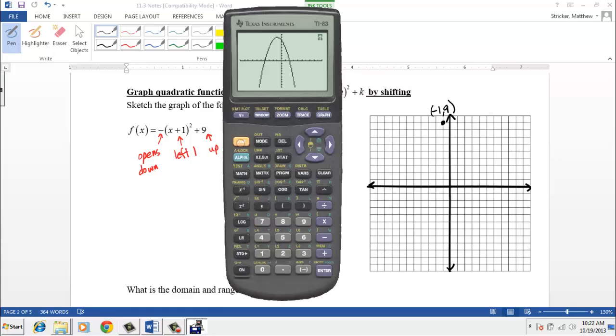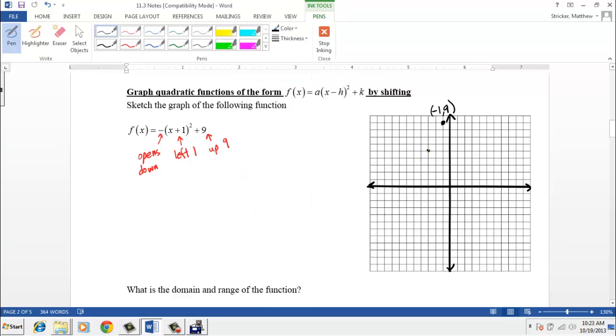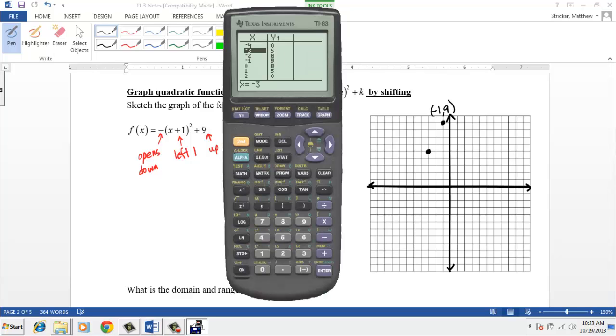We can go here to our table. You can see here there's negative 1, 9. We also have the point negative 3, 5. And then on the opposite side we have the point 1, 5. You see that in the table?